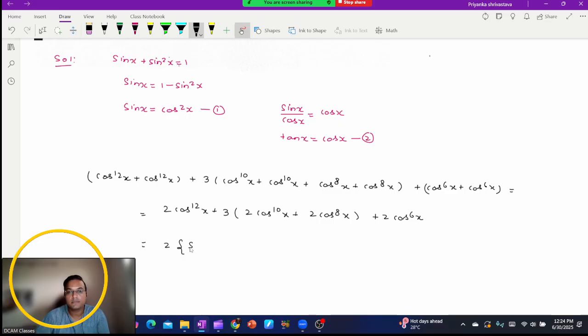So it will become sin power 6x plus 3 sin power 5x plus 3 sin power 4x plus sin cube x.